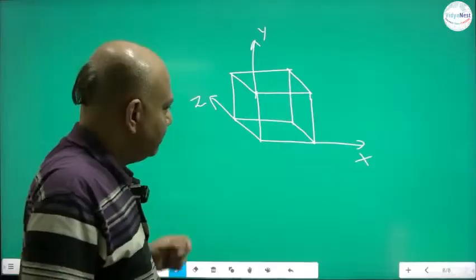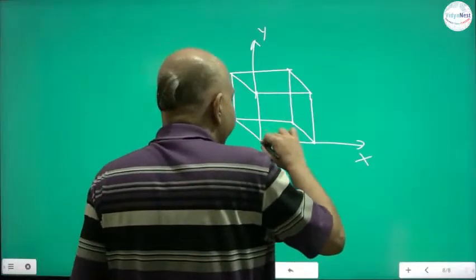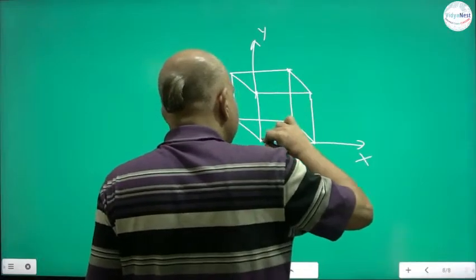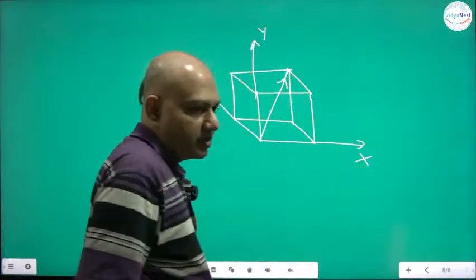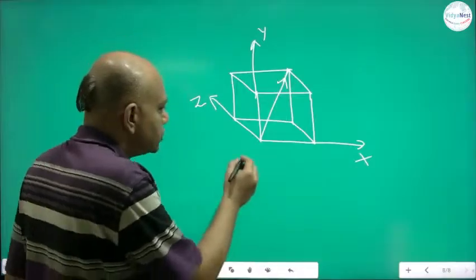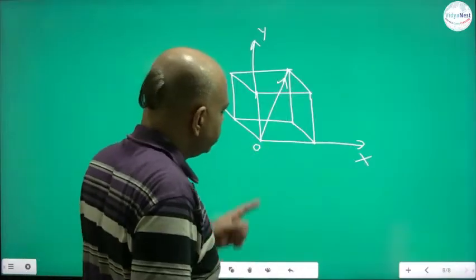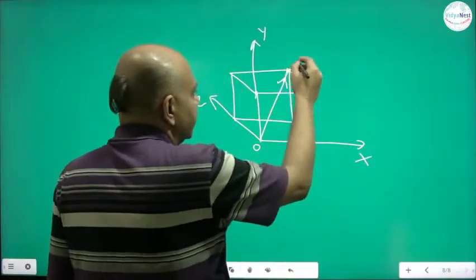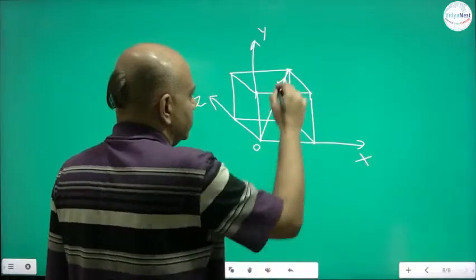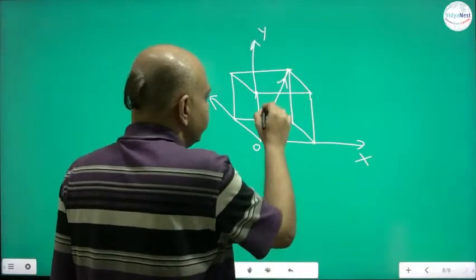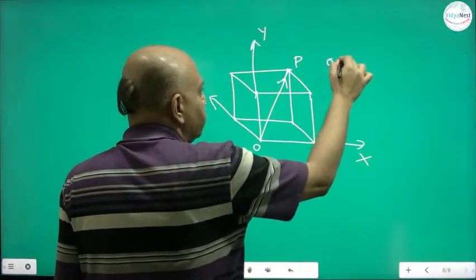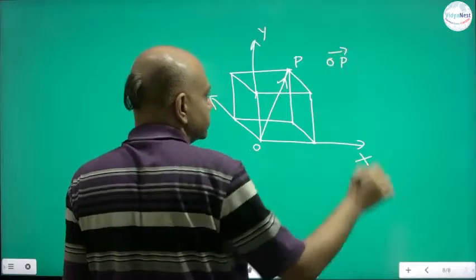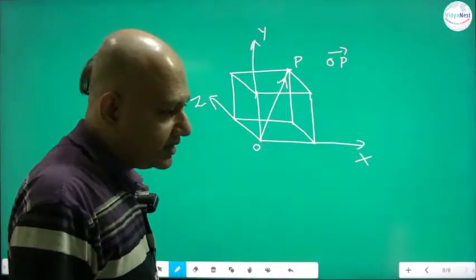Suppose I join this point, this point is O, and this is the vector. Suppose this point is P. OP is a vector.